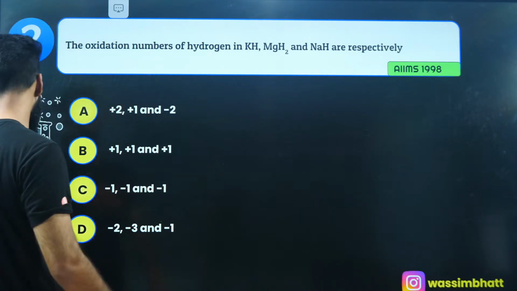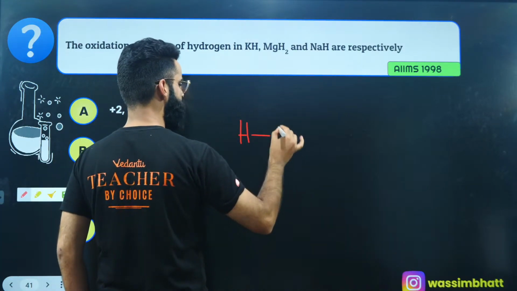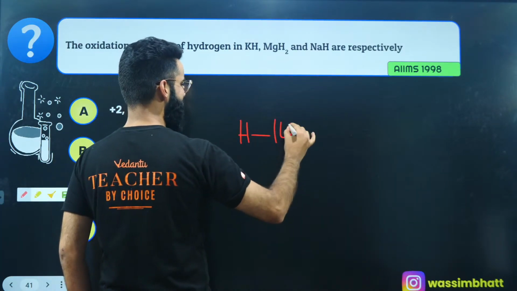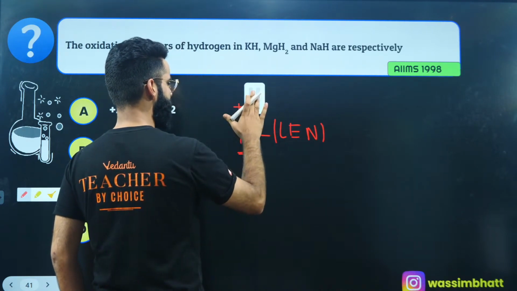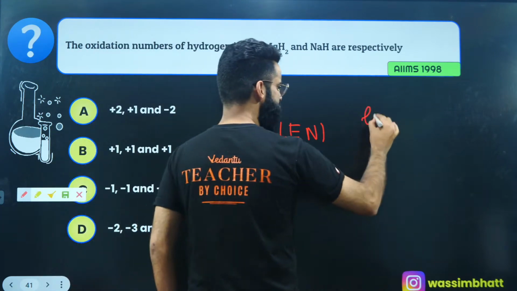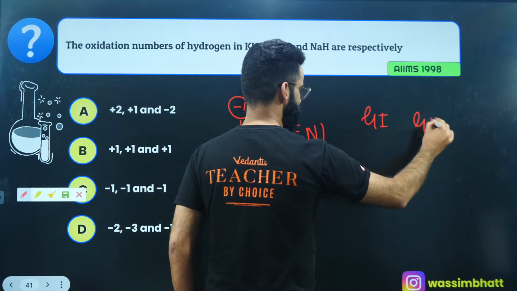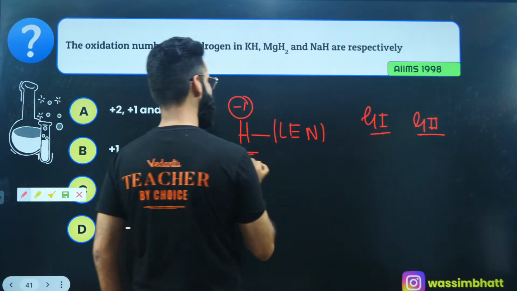People, I hope you remember, I've told you in the regular sessions, whenever hydrogen is attached to a less electronegative element than itself, the oxidation state of hydrogen will be taken as -1, right? And all the group first and group second elements, their electronegativity is less than that of hydrogen.